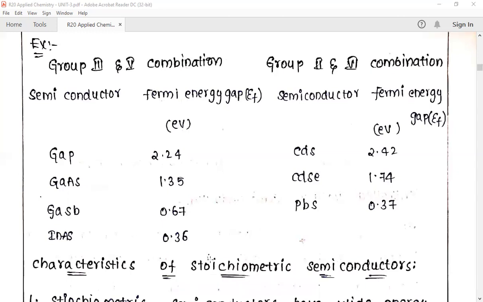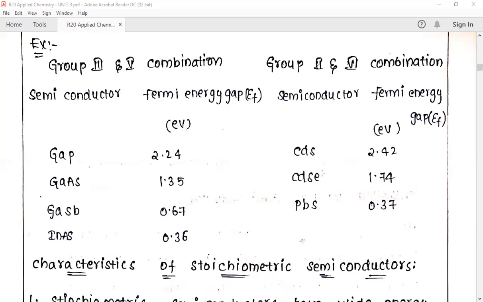And coming to the second type of combination, that is the group 2 and group 6 combination. In this, cadmium and sulfur combine together to form a semiconductor with an energy gap of about 2.42 electron volts.